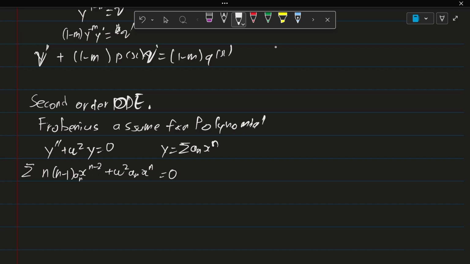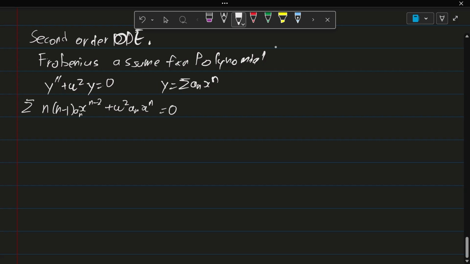So this thing will help you to solve the problem now. So if you observe that the right hand side is 0, this means that the left hand side, everything must equal to 0. So this means that the one that has the x to the power of 0 term must come from 2a_2 x^0, right?